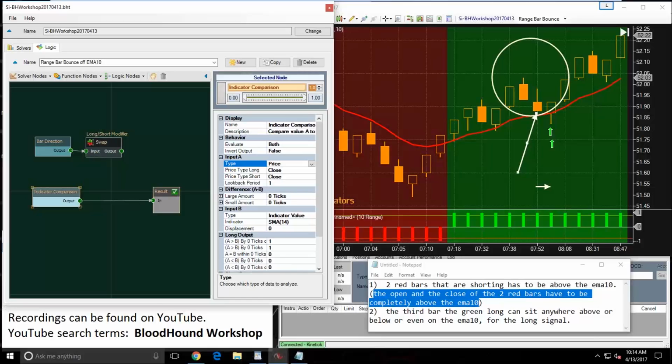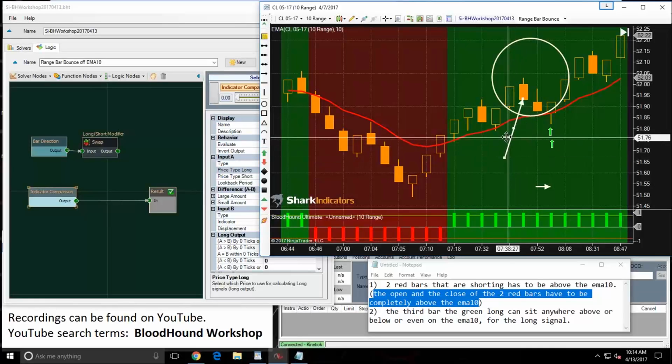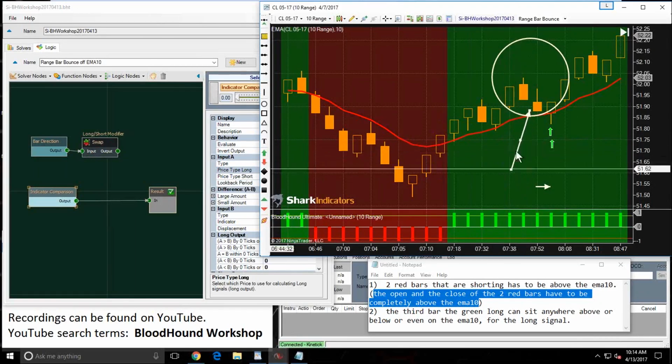So, okay. Let's see, getting started here. All right, so input A, we're going to set this to price. And so price type long: when we're generating a long signal here, what we're looking for is the low of the bar.